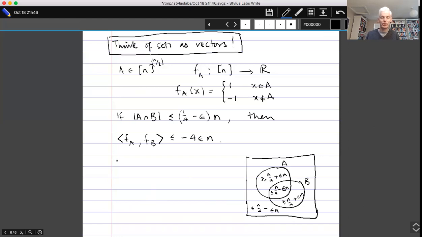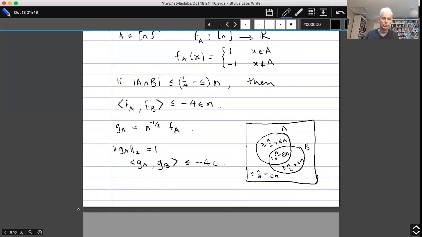If we now normalize by saying that g_A equals n to the minus a half f_A, then g_A is a unit vector in L2, and we get that the inner product of g_A and g_B is less than or equal to minus 4 epsilon, because I've divided by the square root of n twice.